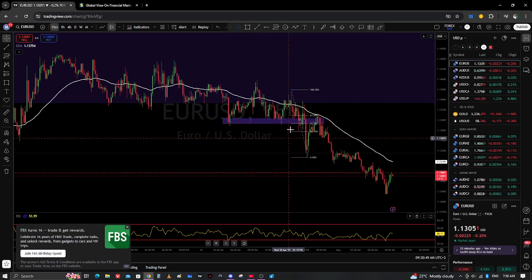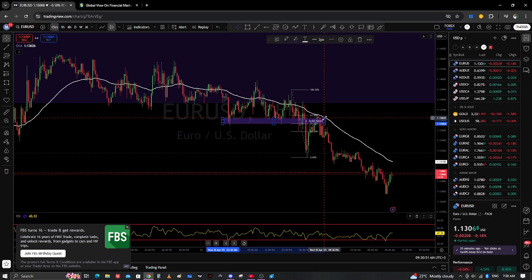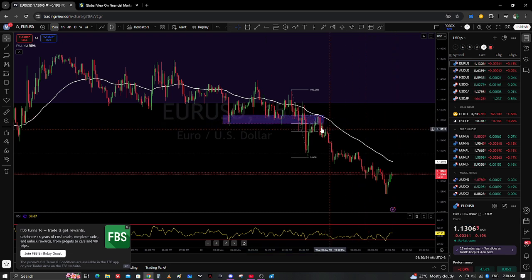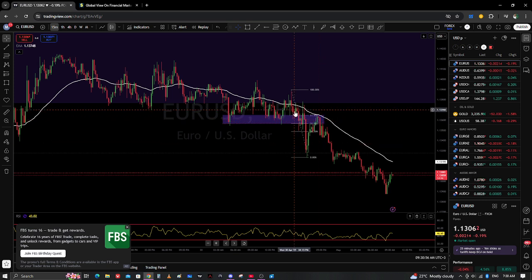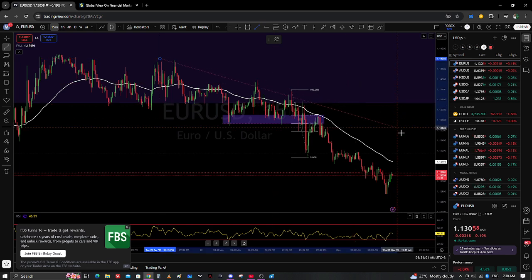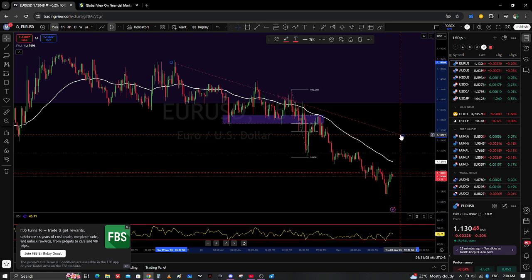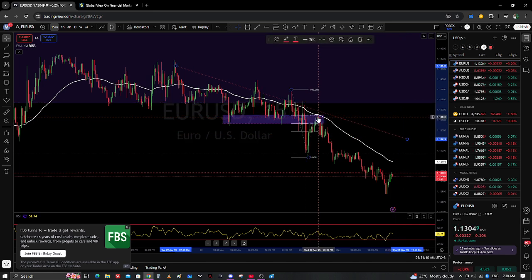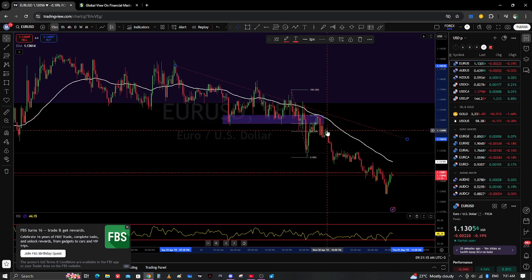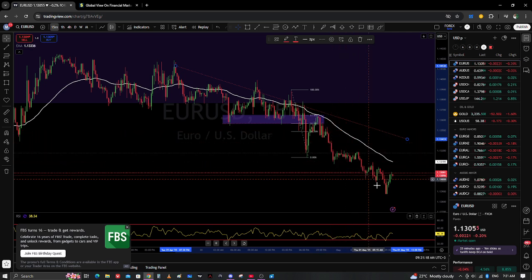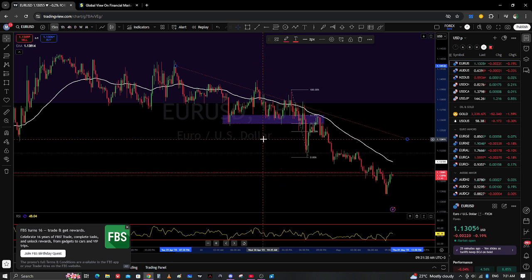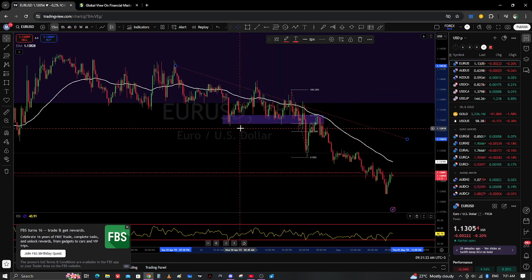The now-turned resistance is at the 61.8% fib level, and the moving average is aligned properly, and there is a trend line right here that we can draw that also aligns with our point of contact. Then the price turned bearish at this point and went further down. Okay, that is a trade missed, right?